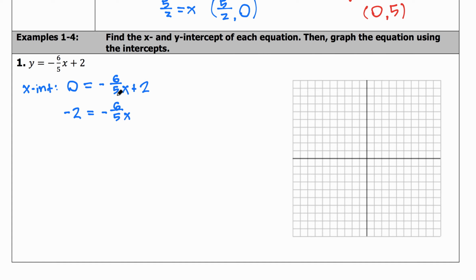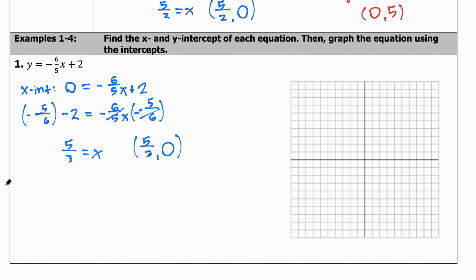So I'll need to multiply both sides by -5/6. That's going to give me a positive 5/3 for x. So my x-intercept is at 5/3, 0.